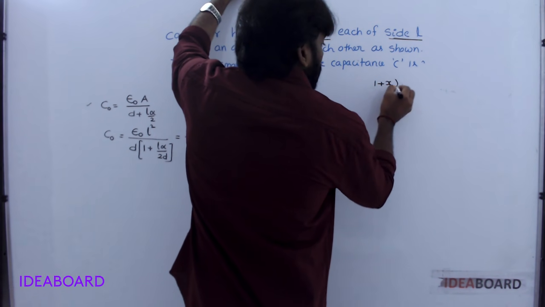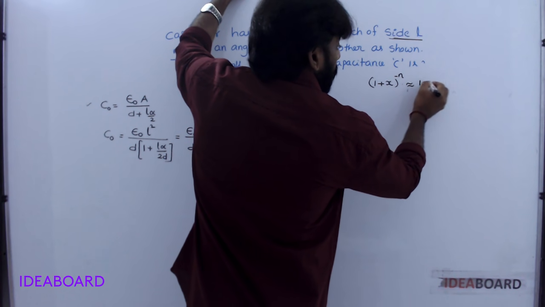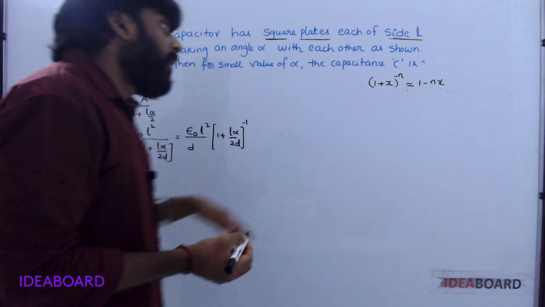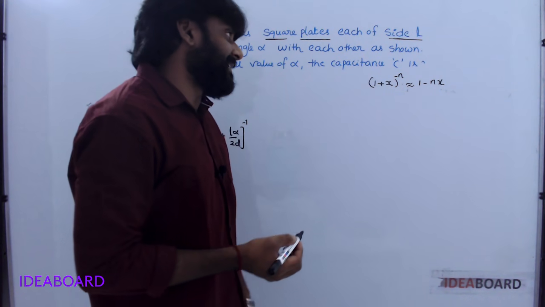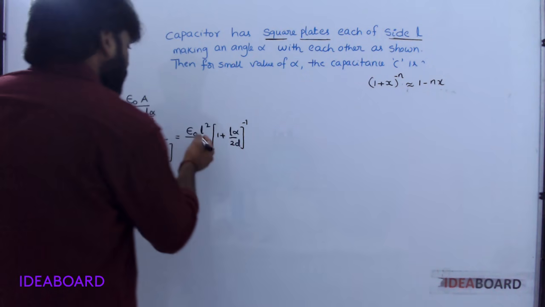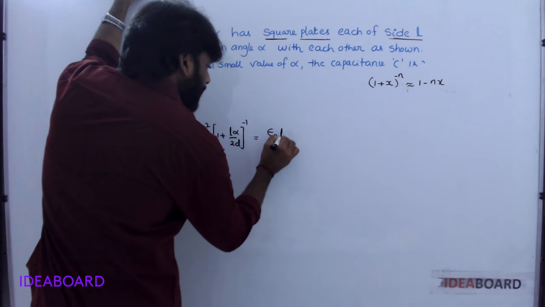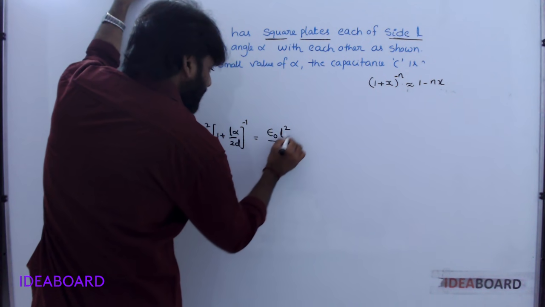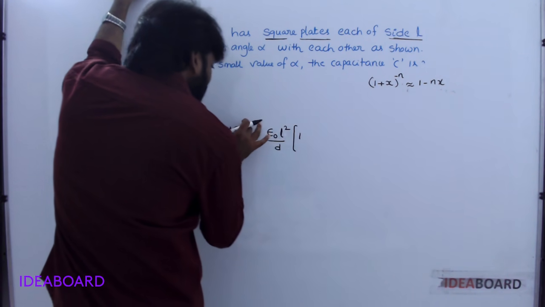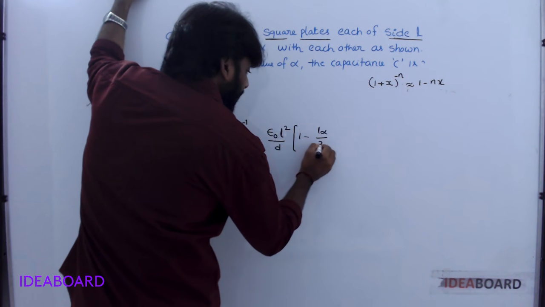Binomial expansion: 1 plus x whole power of minus n is approximately equal to 1 minus nx. Understood? Okay. So epsilon naught L square by D, with minus 1 into plus L alpha by 2D.